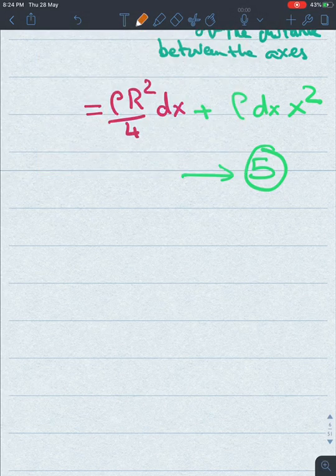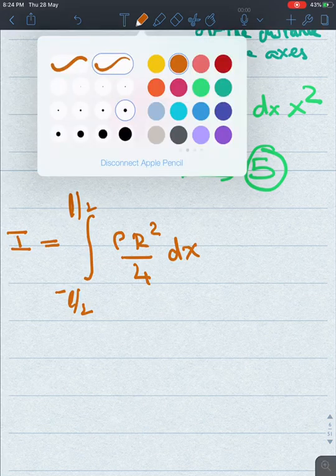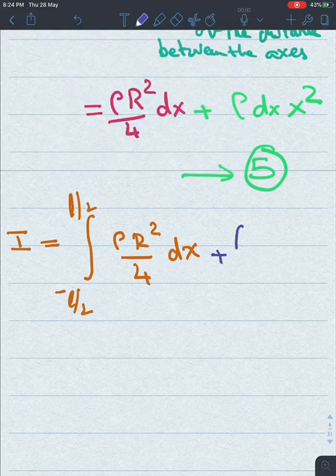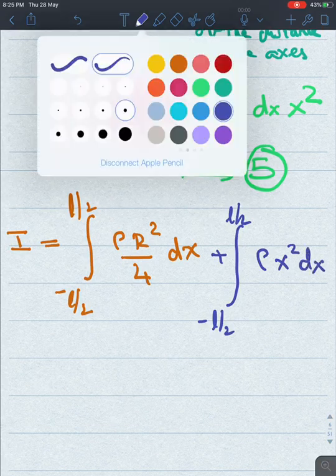We can write the total moment of inertia I as the integral from minus L by 2 to plus L by 2 of rho r square by 4 dx, plus the integral from minus L by 2 to plus L by 2 of rho x square dx.